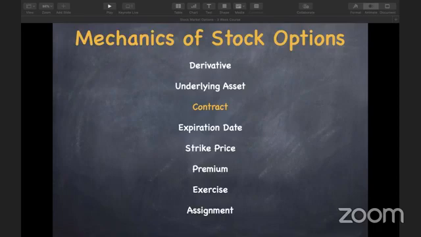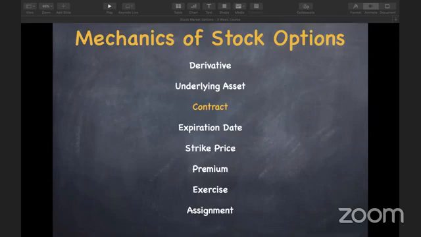That underlying asset is typically a stock or an ETF, which is an exchange traded fund, or even an index fund, something like the SPY that tracks the S&P 500, or the QQQ, which tracks the NASDAQ 100.